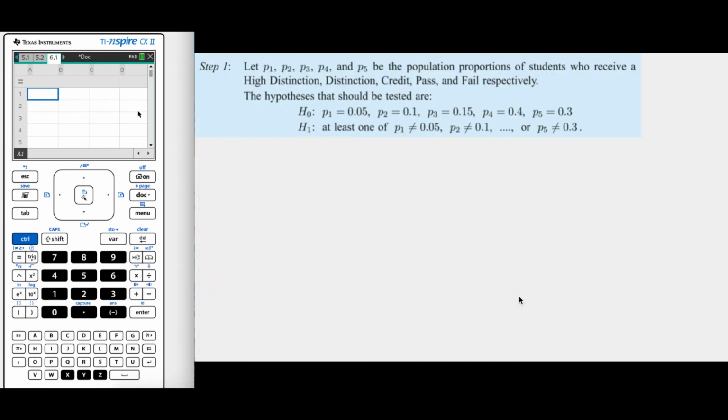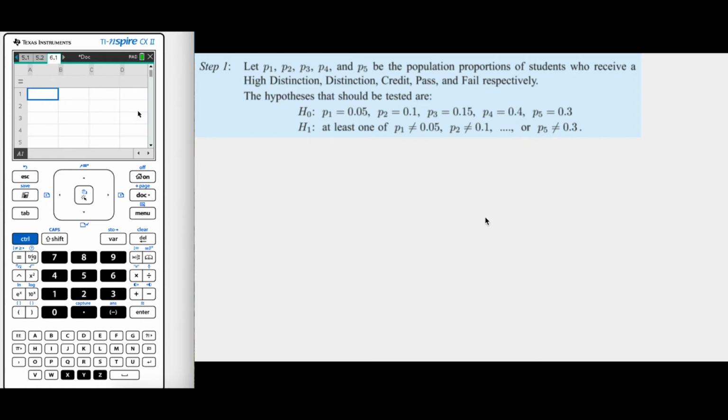The alternative is that it doesn't follow the given distribution. So notice here that they're very specific in their null and their alternative hypotheses.